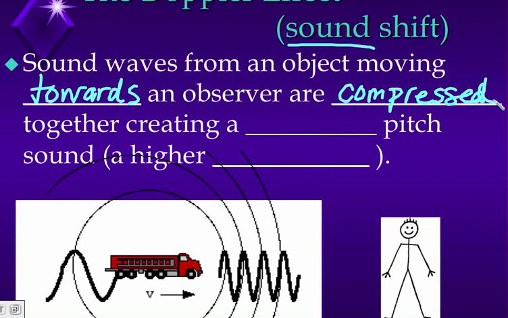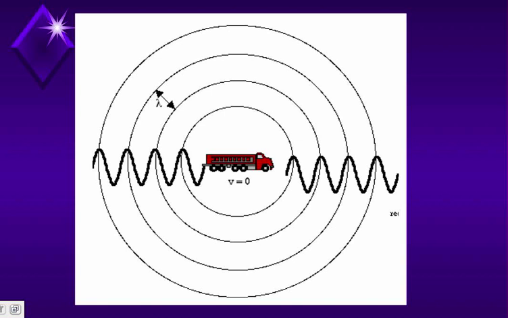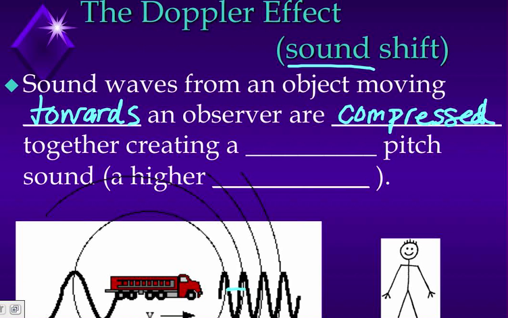Right? And we can see here on the picture, now that the truck is in motion, those waves in front of the fire truck have now compressed together. They actually have a shorter wavelength than they did when the truck was just motionless.